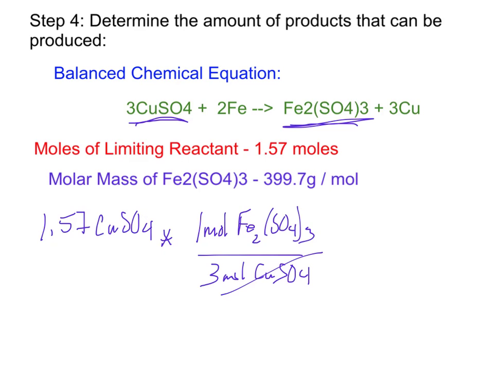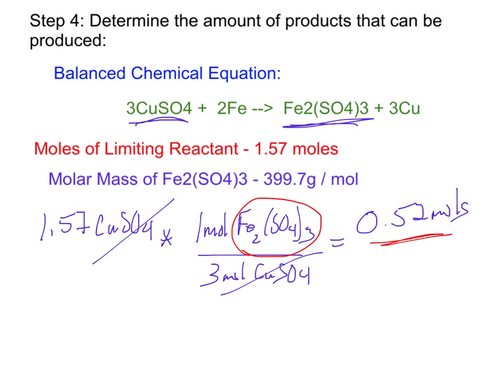Moles of copper 2 sulfate cross cancel on both sides. 1.57 times 1 is 1.57, and 1.57 divided by 3 gives me 0.52 moles of iron 3 sulfate that I'm going to make.